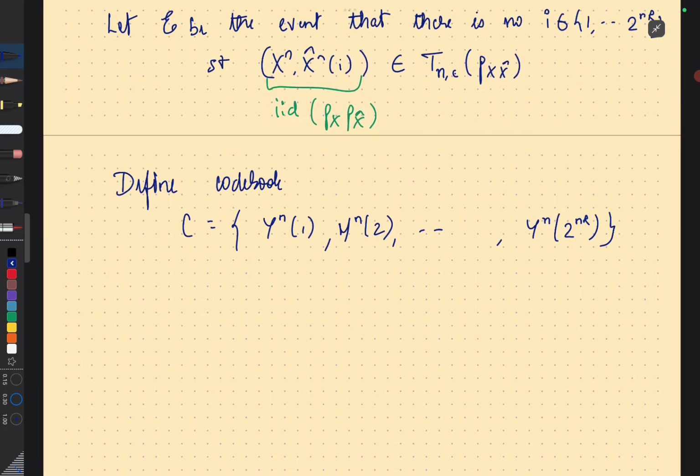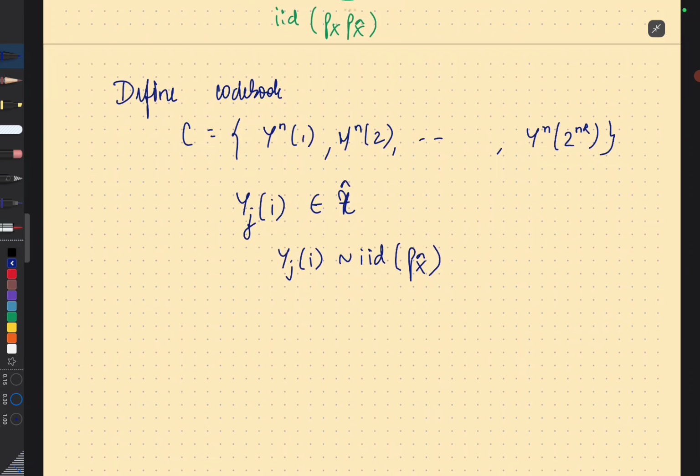I'm just using different notation where each Yj of i comes from this alphabet script X hat, the reconstruction alphabet, and each component of Y of i is chosen independently of everything else, independently of each other, and they're all drawn according to the distribution Px hat.